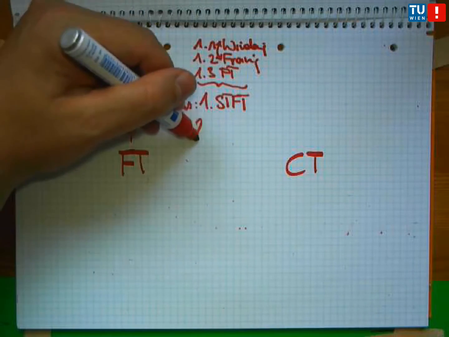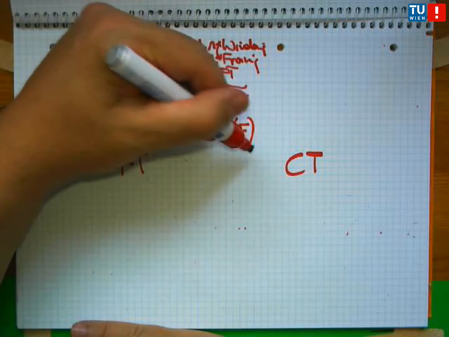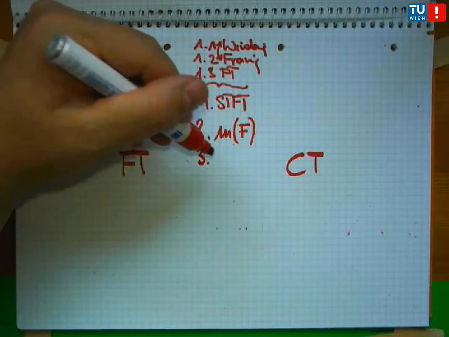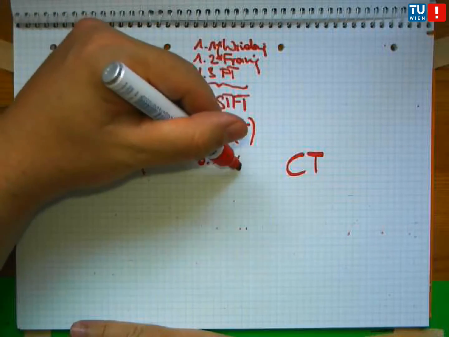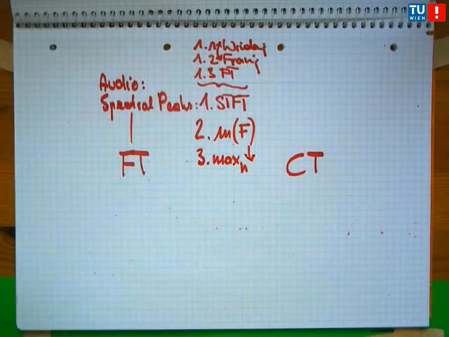Once you have done that, you take the magnitude of the spectrum, because you can't count imaginary numbers, and then you find the max n, like 5, in this magnitude spectrum.